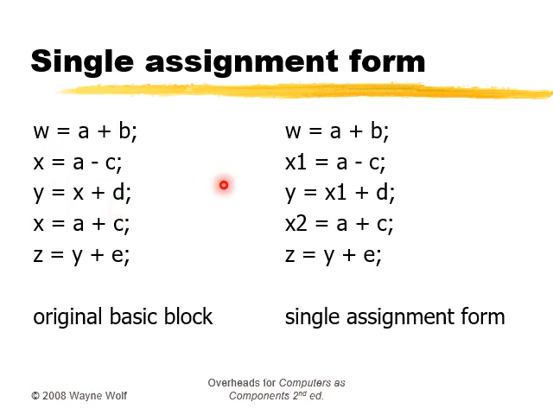As an introduction, we use two types of nodes in the graph. Round nodes denote operations and square nodes denote values. So let's check out the data flow graph of this single assignment form.